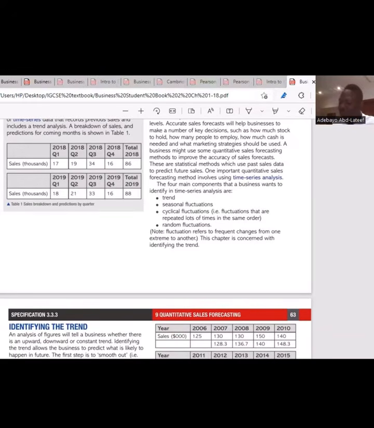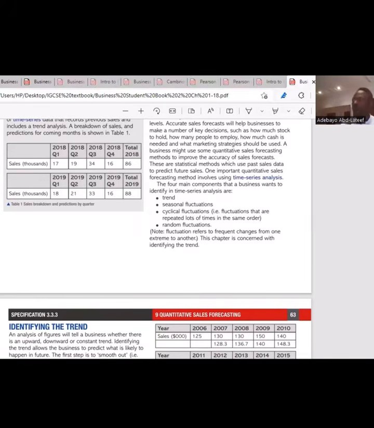So we have different components that we can use to identify our time series analysis. We can use trend, we can use seasonal fluctuation, which is the same as seasonal variation. We can use cyclical fluctuations. When we talk about cyclical fluctuations, it means the number of times these sales repeat themselves in order.